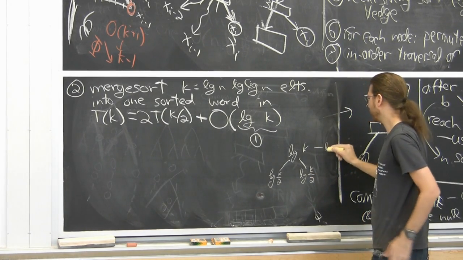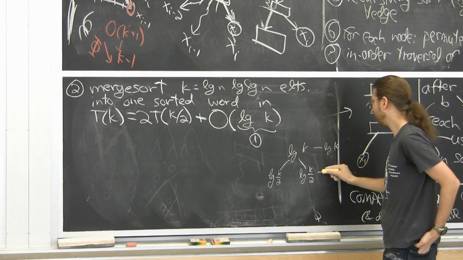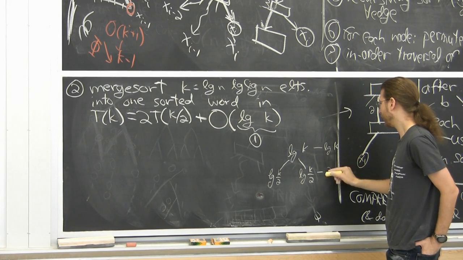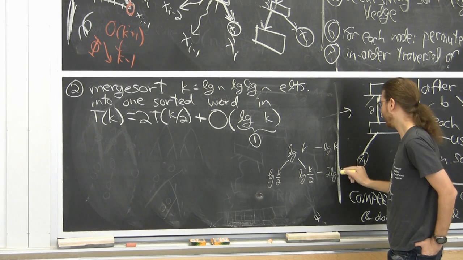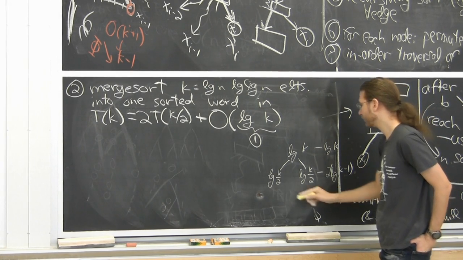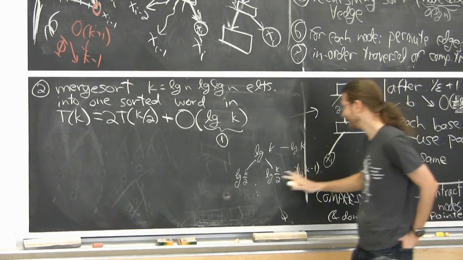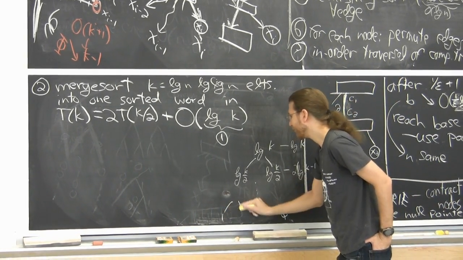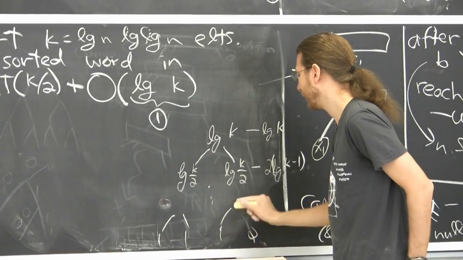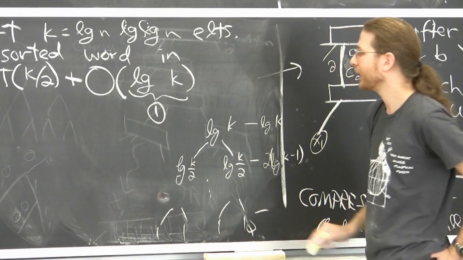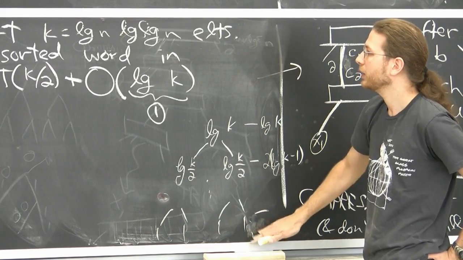So at this level, we're paying log k. At this level, we're paying 2 log k minus 1, I guess. At the bottom, everything's constant size, so you pay constant. How many leaves are there at the bottom level? K of them.